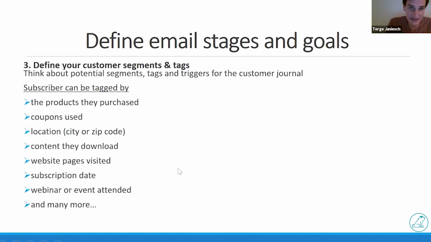In emails, what I love about emails, and what is probably one of the things which really makes email marketing so powerful, is to segment customers in segments and in tags.